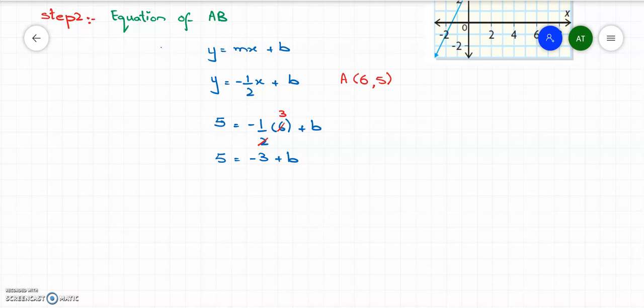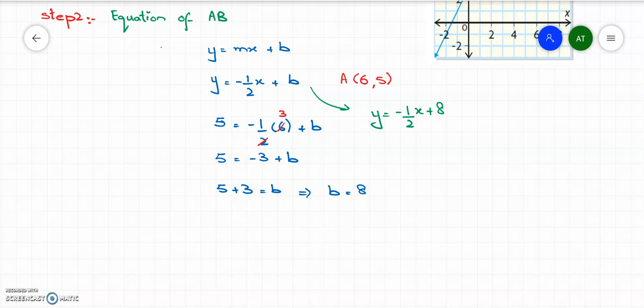It becomes positive 3. So that would be 5 plus 3 equals b. And from here, the b value is equal to positive 8. Right? Now the equation we have got, just substitute the value over here. We have y equals minus 1 divided by 2, times x, plus 8. That is the equation of the new line, that is the equation of line AB.